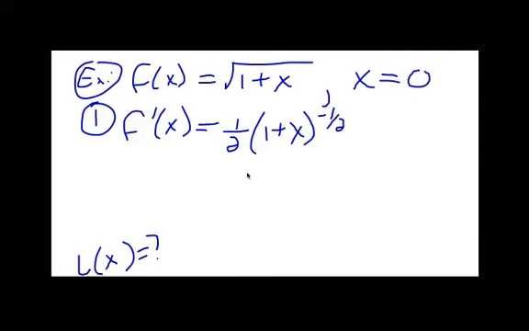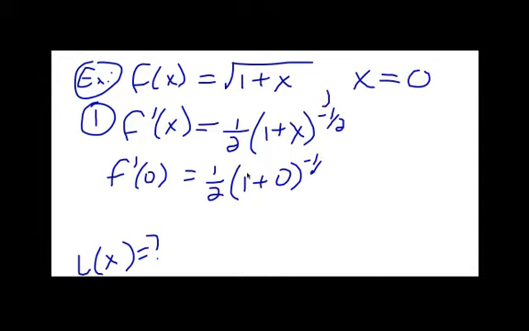The linearization, excuse me, is the equation of the tangent line at that point. So I'm just going to plug in 0: f prime of 0 is 1/2 times 1 plus 0 to the negative 1/2, which I think is just 1/2. Is that right?